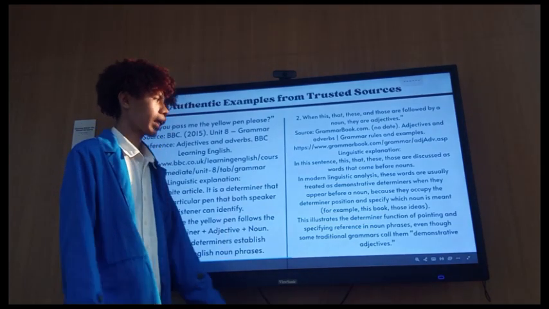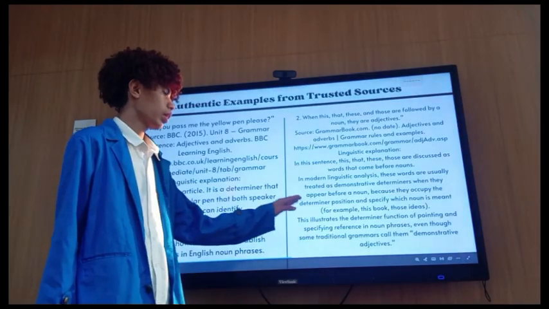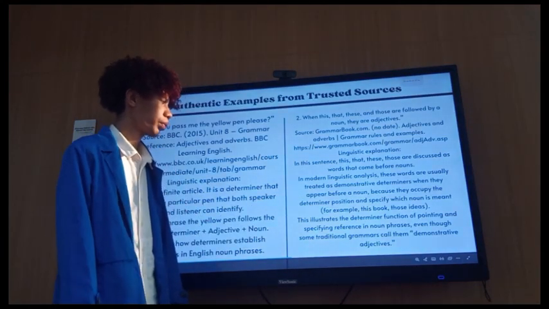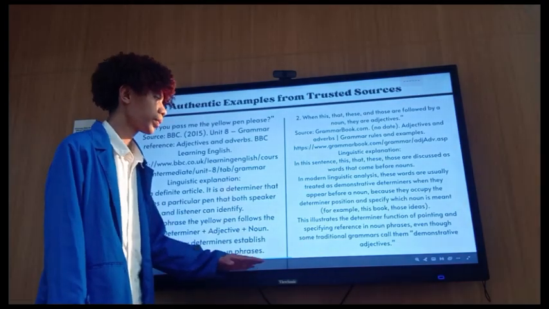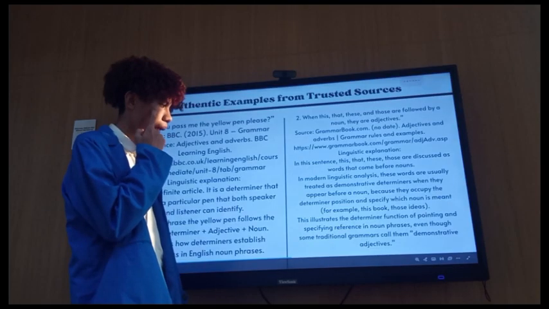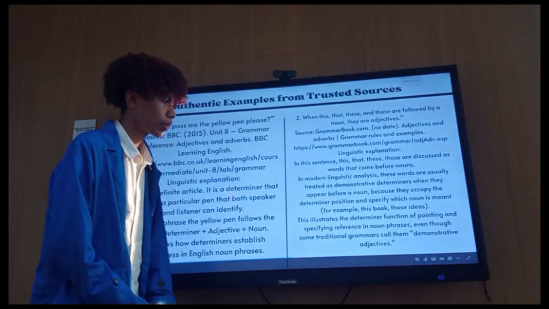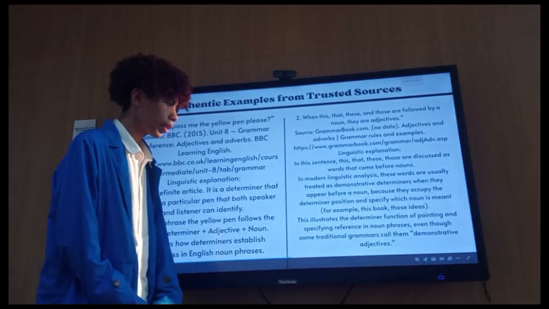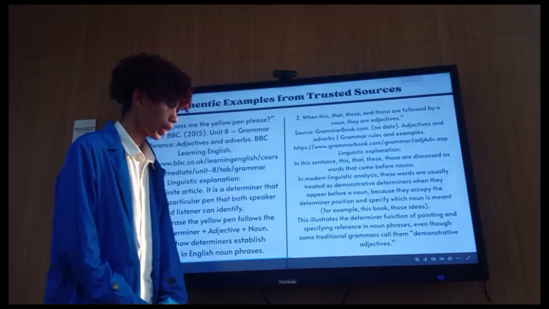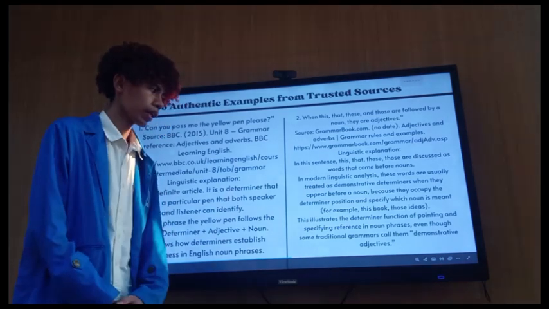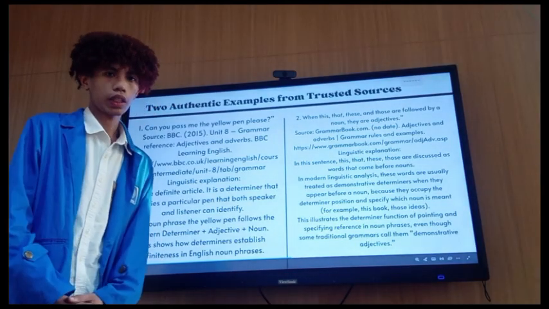In modern linguistic analysis, these are usually treated as demonstrative determiners when they appear before a noun, because they occupy the determiner position and a specific noun is meant. For example, this book, those ideas. This illustrates the determiner function of pointing and specific reference to a noun. Even though some traditional grammar calls them demonstrative adjectives.